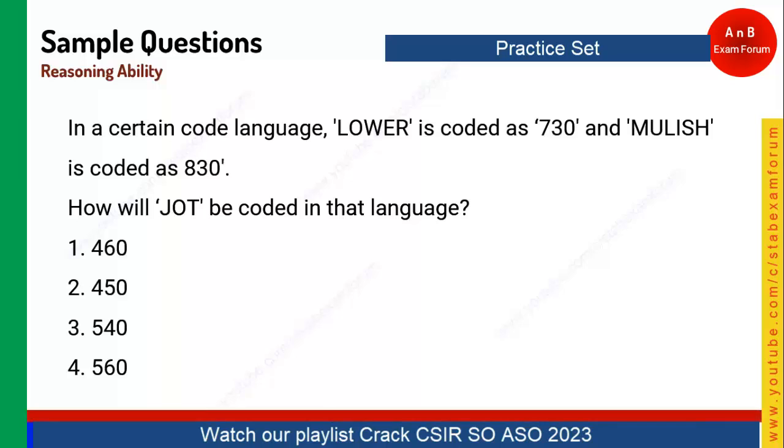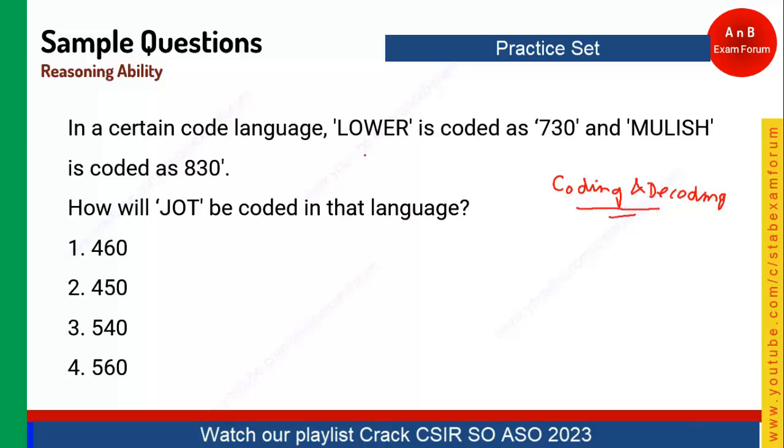Okay, time's up. Student, this type of question is called coding decoding type of question. This category is also important from the reasoning point of view, and there are certain techniques with which you can answer these questions very easily.